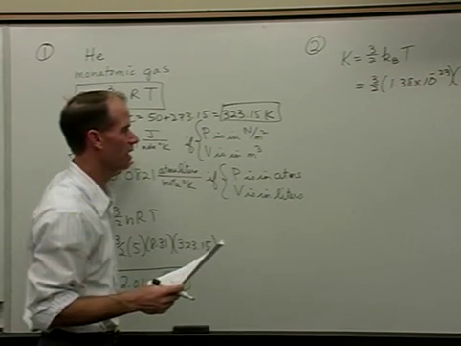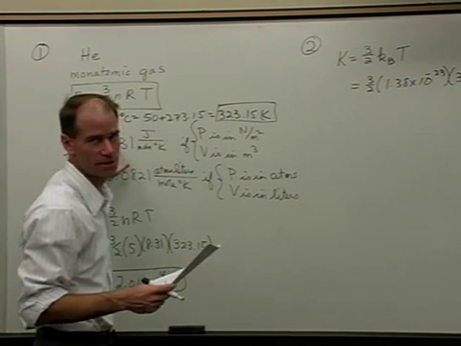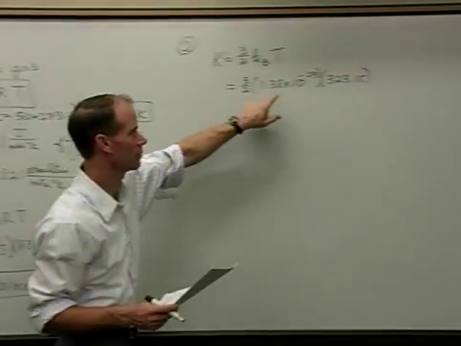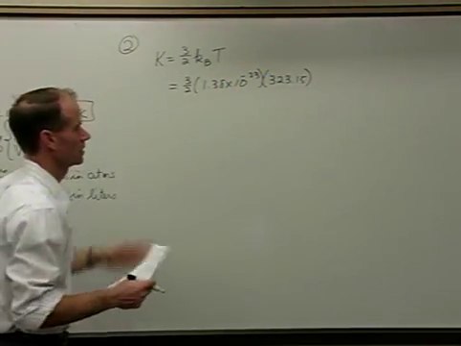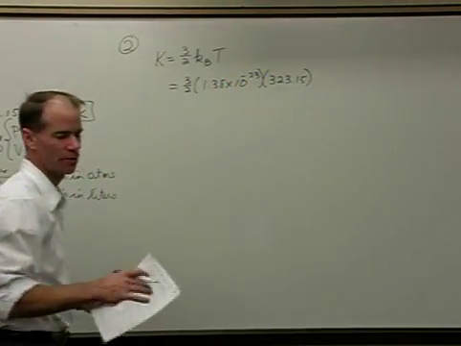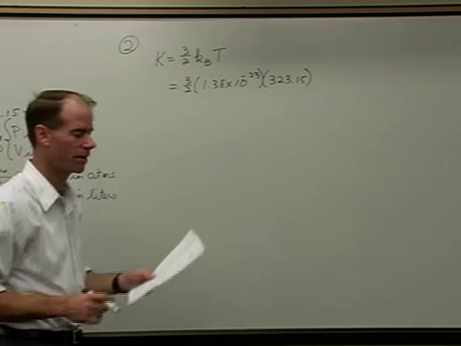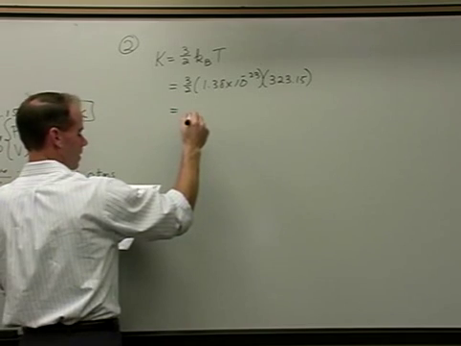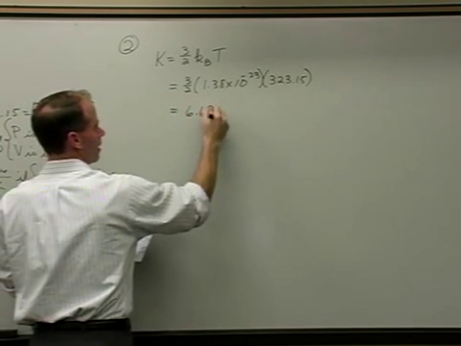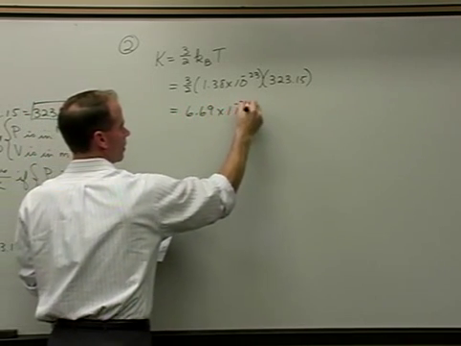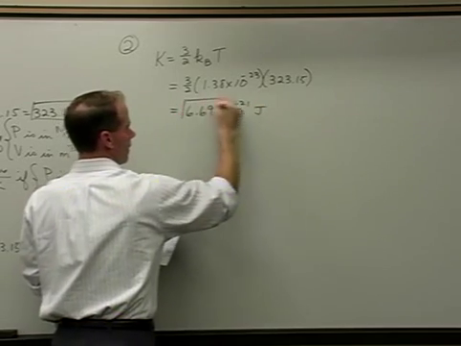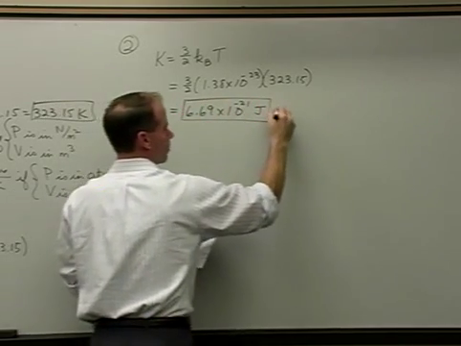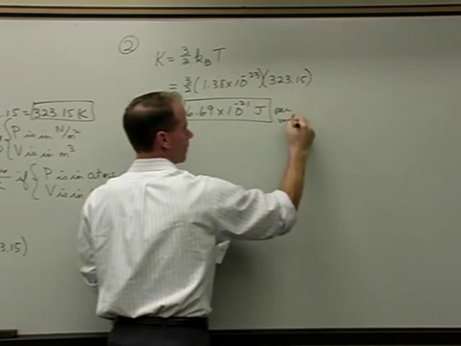So it's R divided by 6.02 times 10 to the 23. And that's how we get the Boltzmann constant. But it's a universal constant we can find in the front cover of any physics book. This gives us 6.69 times 10 to the minus 21 joules. That would be per molecule.